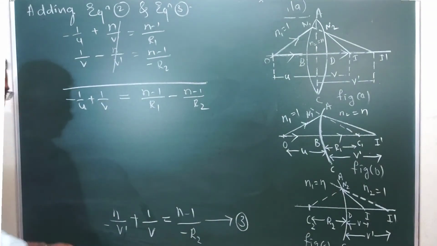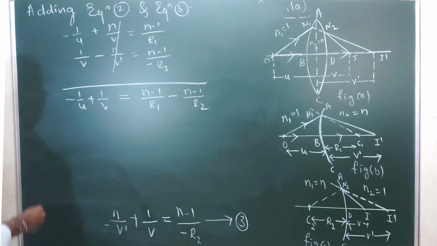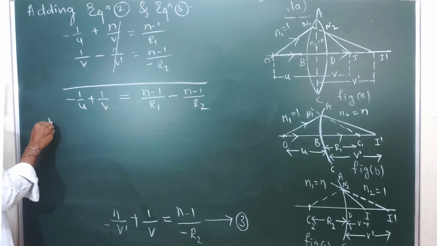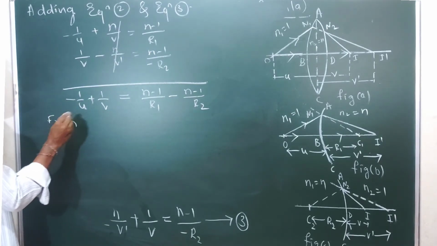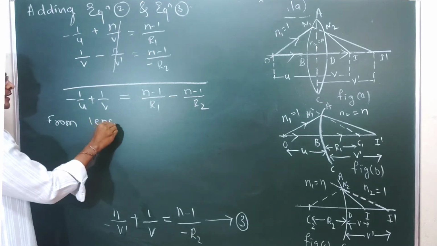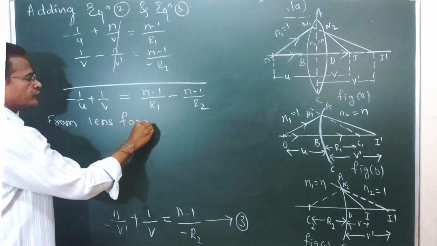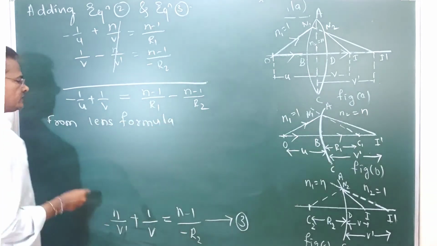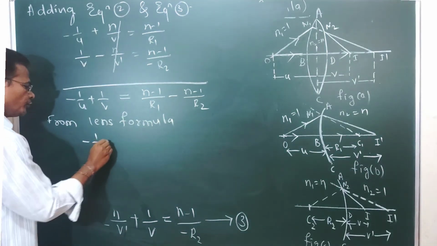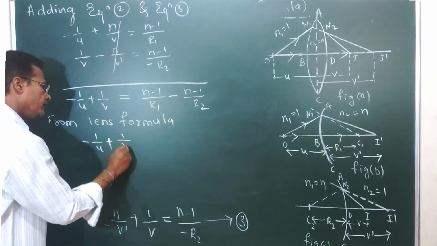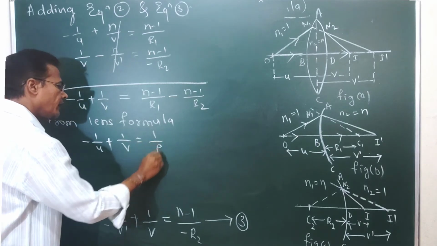So now see this one. According to the lens formula, minus 1 by u plus 1 by v equal to 1 divided by f.